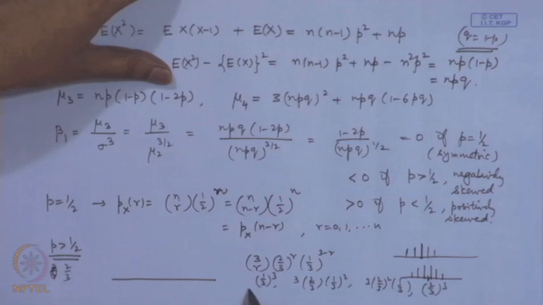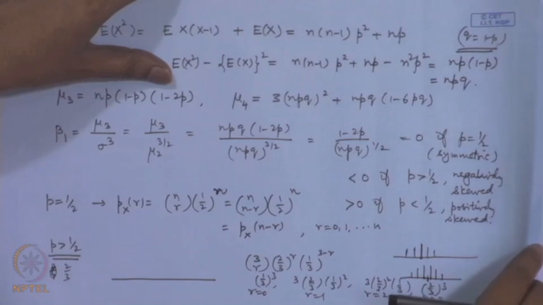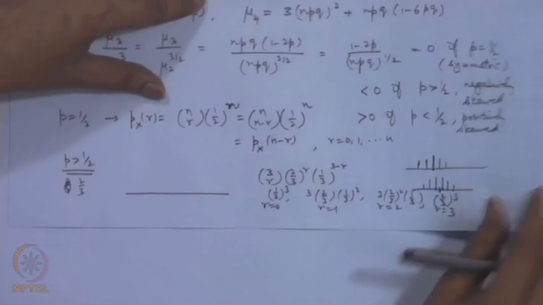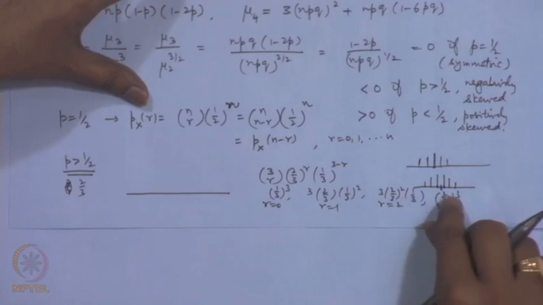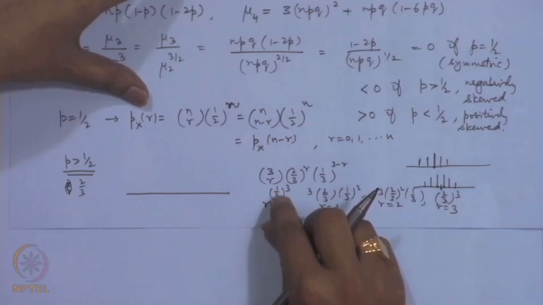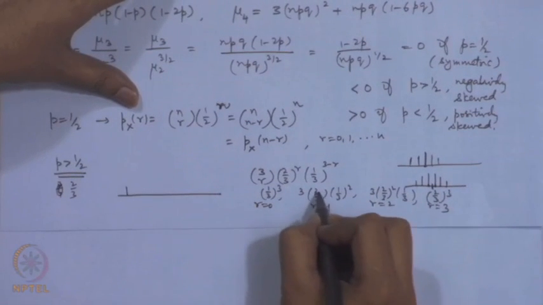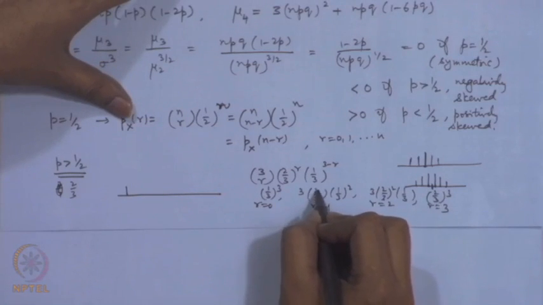You can see here, this is for r is equal to 0, r is equal to 1, r is equal to 2 and r is equal to 3. So, you can notice here the probabilities are, this 2 by 3 cube is much bigger than 1 by 3 cube. So, 1 by 3 cube is here, then 3 into, you are getting 6 by 27.